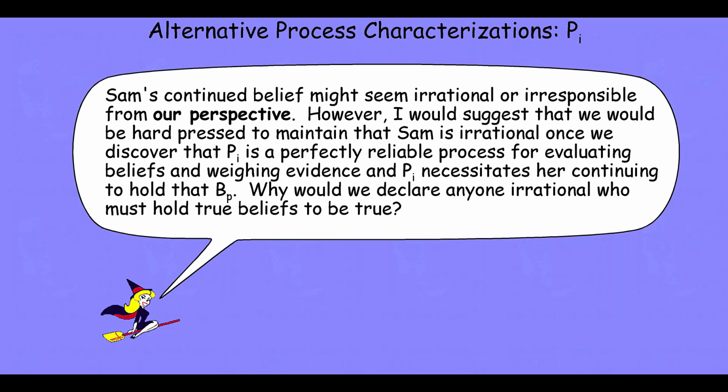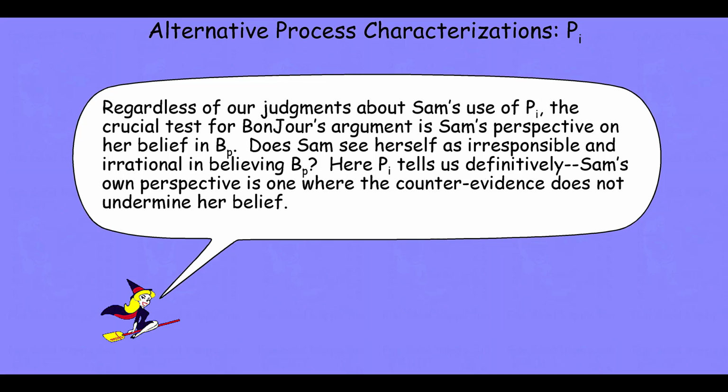And so it doesn't look like BonJour can get that irrationality out of PI, and he can't get the reliability out of PU. So regardless of our judgments about Sam's use of PI, whether we think she'd be irrational or irresponsible from our perspective, I've suggested that she wouldn't be. The crucial test for BonJour's argument really is Sam's perspective on her belief.